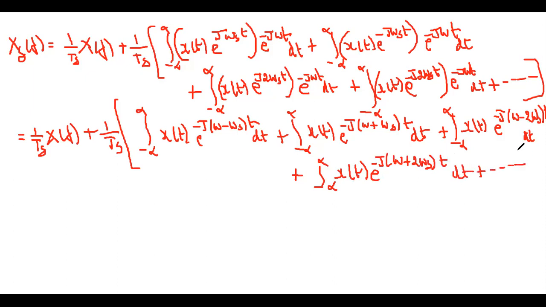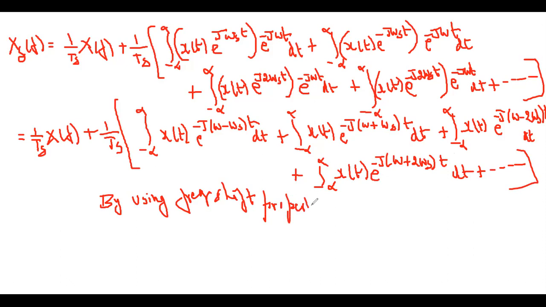What does it matter? Observe here, by using the frequency shift property, we know the integral minus infinity to infinity x of t e power minus j omega t dt is X of omega actually. Instead of omega, here it is omega minus omega s.